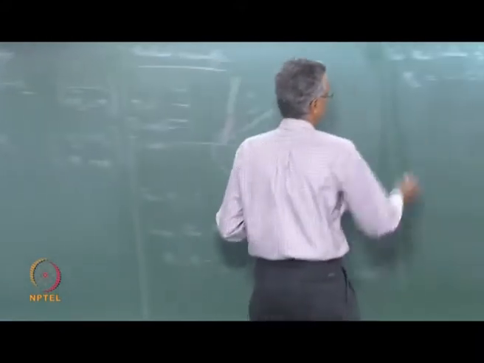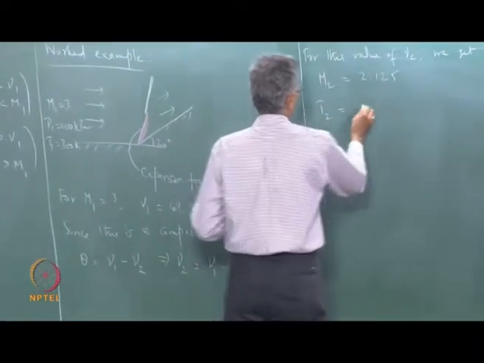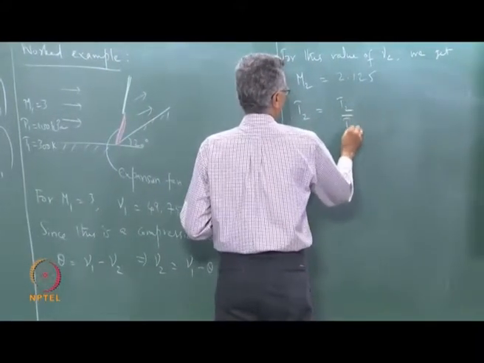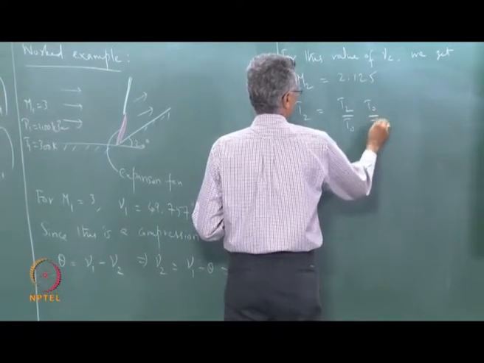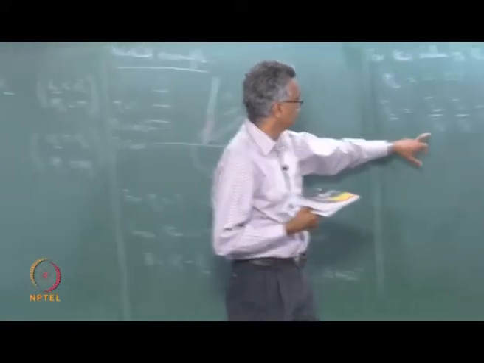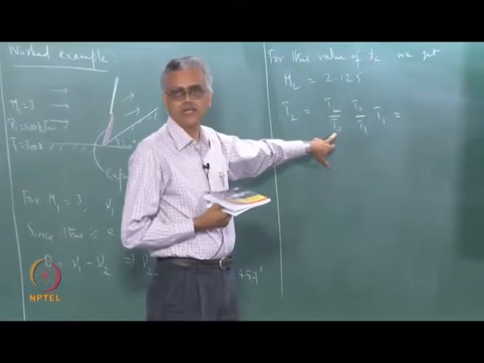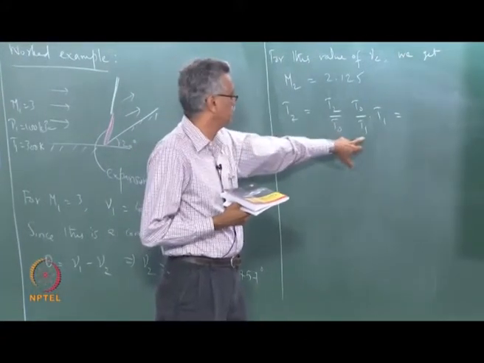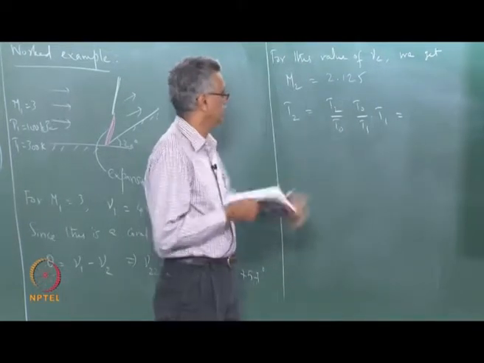The static temperature T2 is equal to T2 over T0 times T0 over T1 times T1, and I can get T2 over T0 from the isentropic table and T0 over T1 also from the isentropic table, right? I know the Mach number.